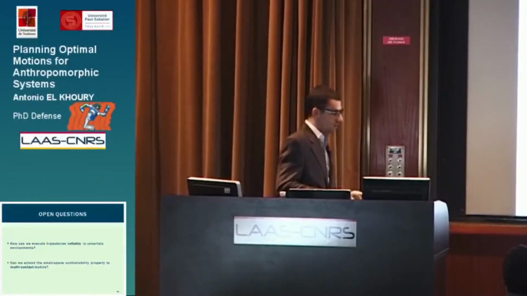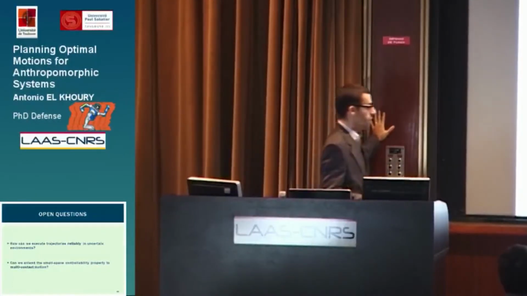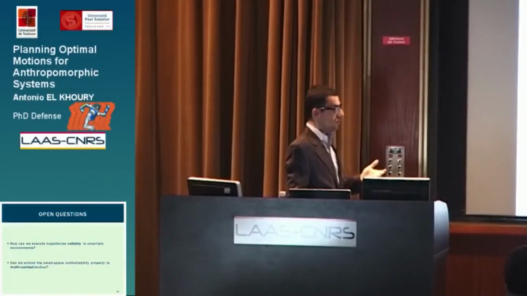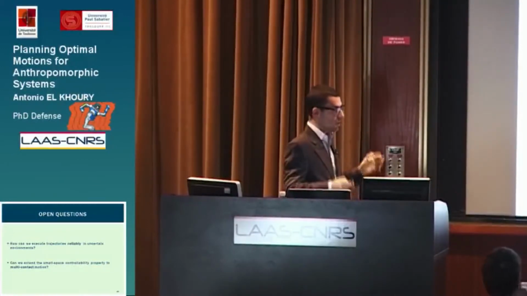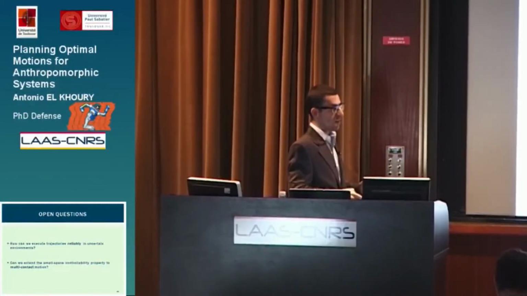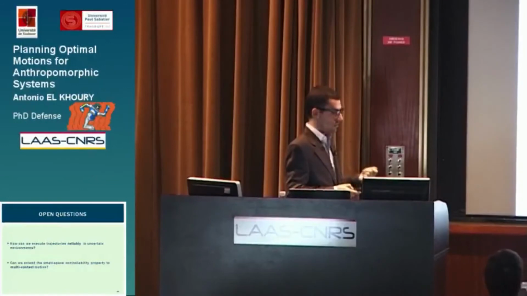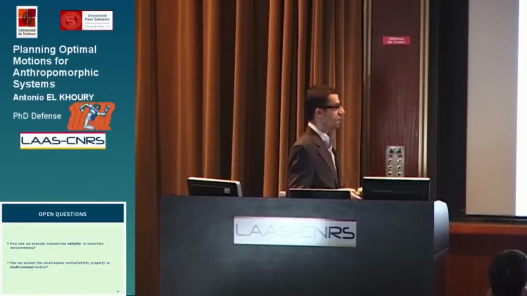Can we imagine planning a sliding path for this robot that is in contact with different surfaces? And if we prove the same small space controllability property, we could, once we have this draft path that we can plan very easily, approximate it with a specific guarantee by a sequence of multi-contact steps.